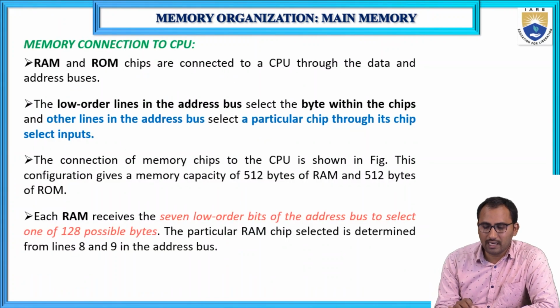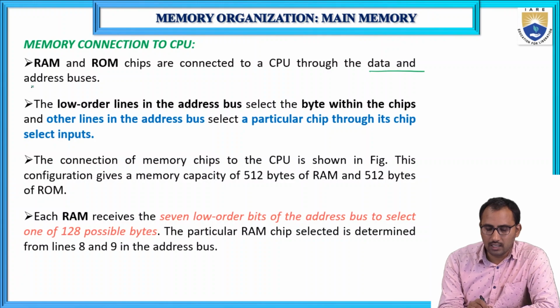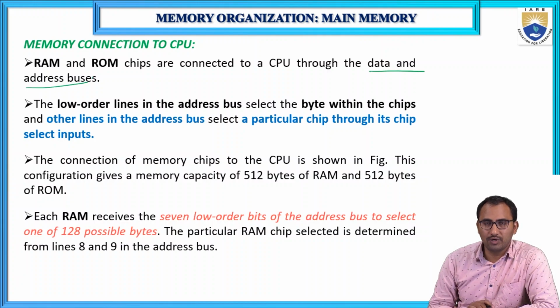Okay. So memory connections to CPU. RAM and ROM chips are connected to the CPU through the data and address buses. Suppose you want to connect any RAM or ROM chips, then we connect them to the CPU through the address bus and the data lines.